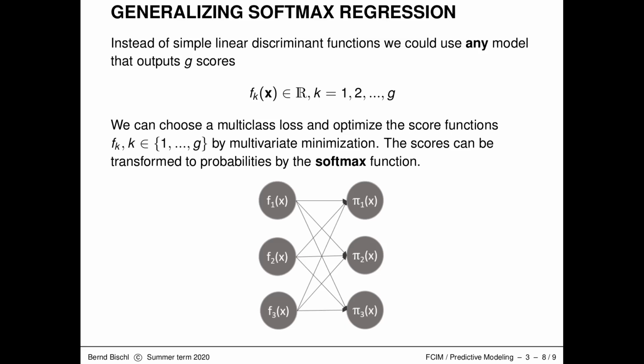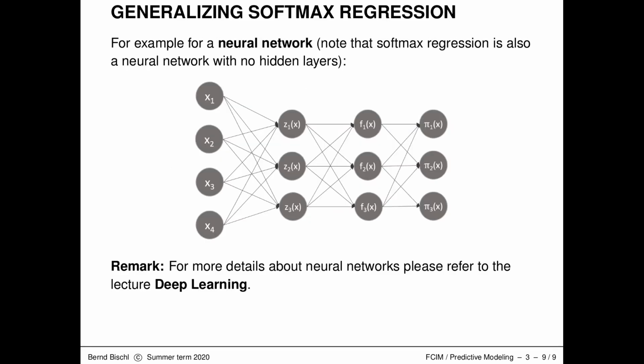And one instance where this is actually done in exactly that manner are neural networks. So here, for example, I have written down a 2-layer neural network with an intermediate layer Z and then my output layer F. So in this case, the scoring functions here are obviously nonlinear functions, if this Z guy here is also nonlinear, and it usually is because this usually contains a nonlinear activation component.